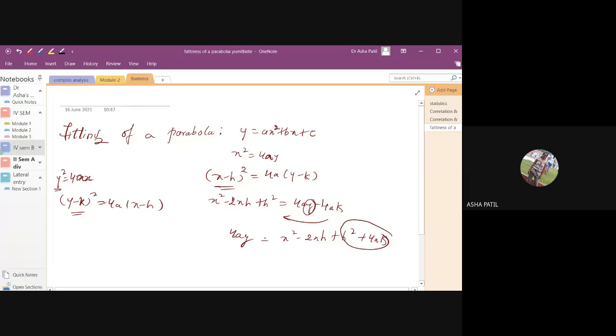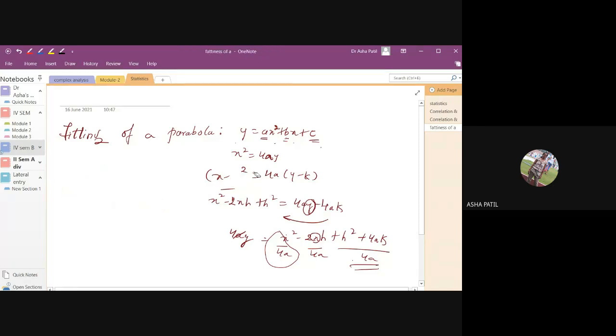Again, when you write y equal to, you are dividing the whole equation by 4a. So the whole last term can be considered as c, which is your constant. Whatever coefficient is multiplied with x is taken as b, and whatever coefficient is multiplied with x square, we consider as a. Thus y equal to ax square plus bx plus c will always represent a parabola. A general quadratic equation will represent a parabola.